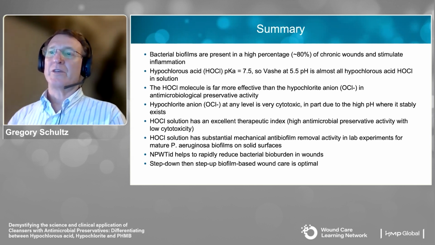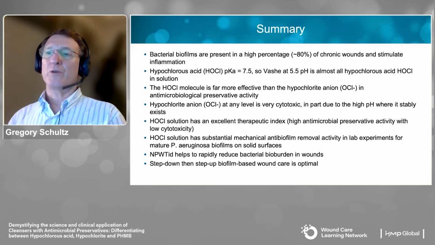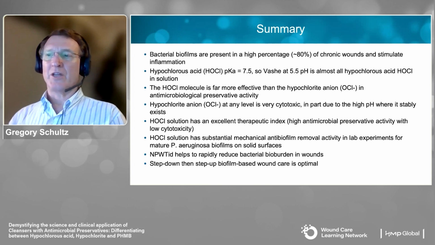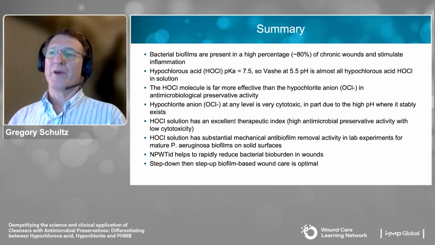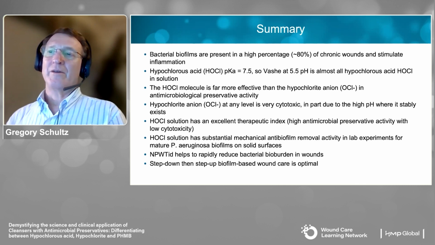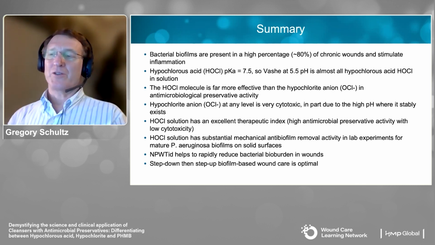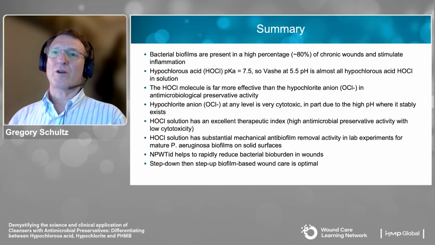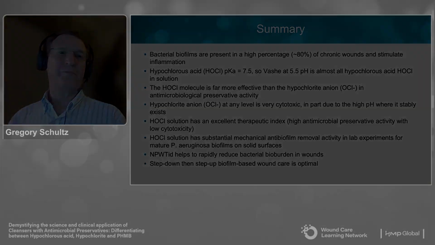And it can be used in combination with other advanced treatments and therapies to rapidly reduce the bacterial bioburden in wounds, which is the core concept of step down, then step up biofilm-based wound care. So at this point, I'll turn over the presentations to my wonderful colleagues who will try to present this in a more clinically relevant format.